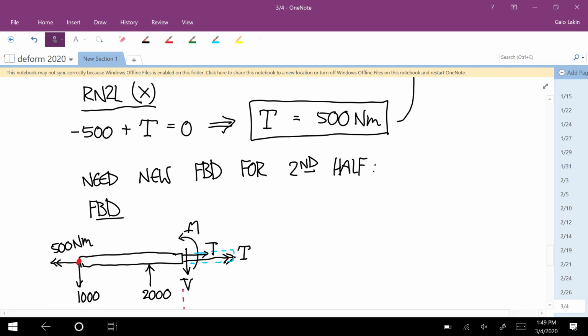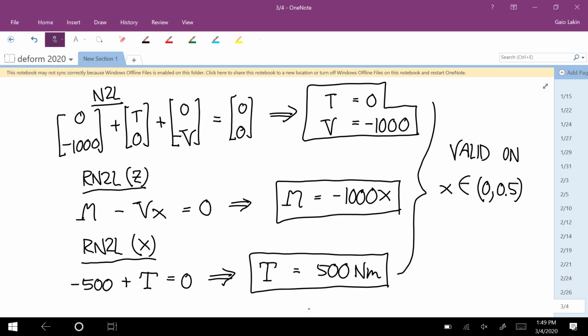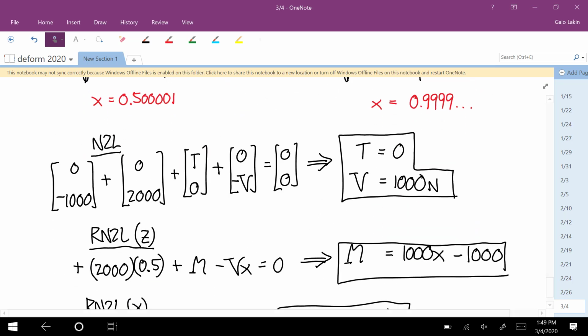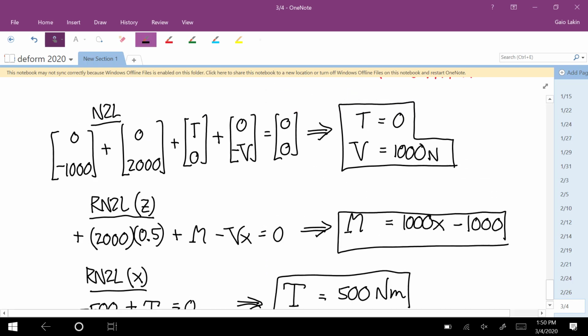And so the first one we did, we got these functions that were valid for x between 0 and 0.5. This time we got these functions that are valid on the interval x between, what are the values here? 0.5 and 1. And altogether, those make a piecewise function.